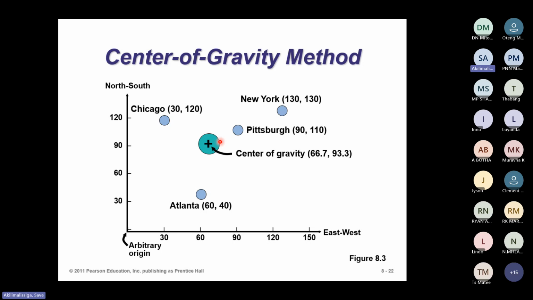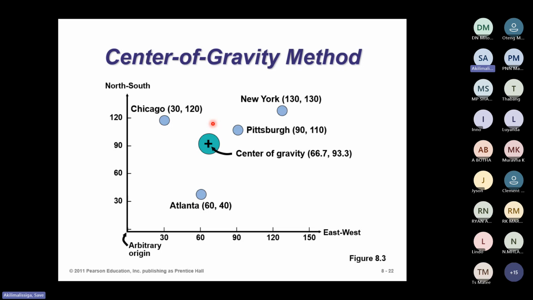And that's why you have this plus sign here to show you the center of gravity, the appropriate center, which is going to minimize the cost of distribution, right? So this is how you come up with a center of gravity.